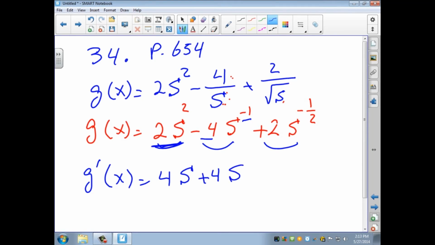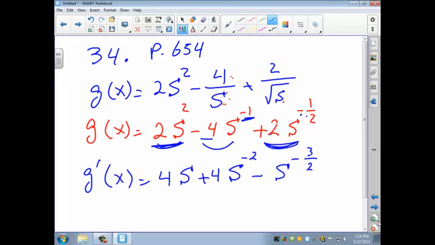Then the s. Now subtract 1 from this power, so it would be minus 1 minus 1. So that would make it a minus 2. On the last part, this minus 1/2 would come and multiply by 2. That would make it minus 1. Then s, subtract 1 from this power of minus 1/2, it would make it minus 3/2. Okay?